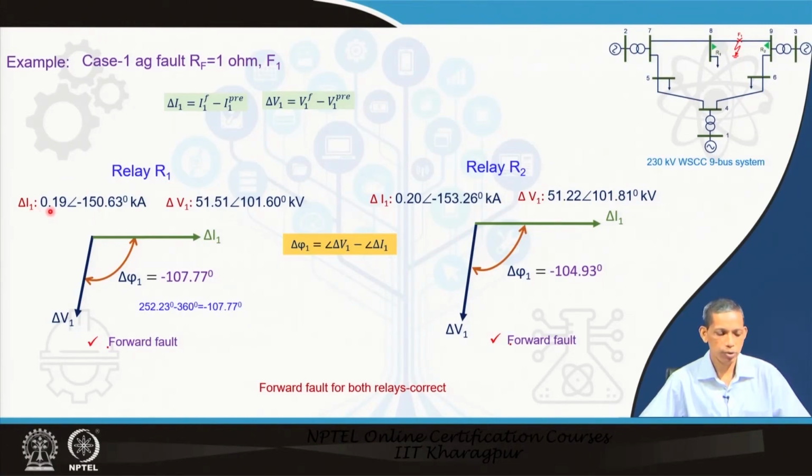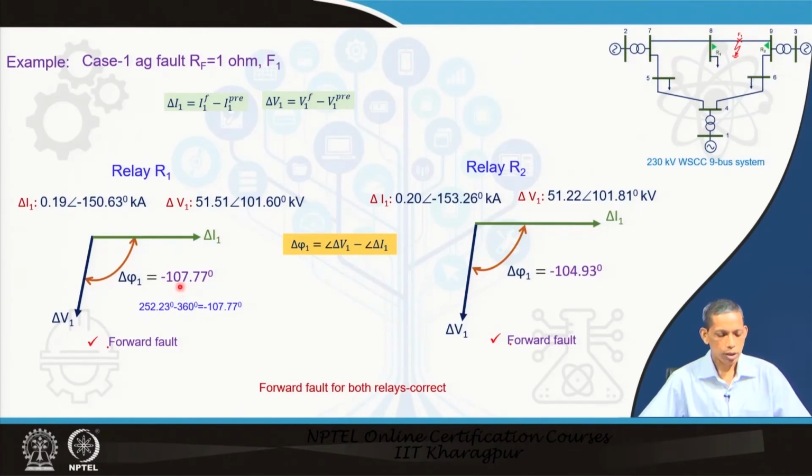Delta I1 is found to be 0.19 angle minus 150.63 degrees kiloampere, and delta V1 is 51.51 angle 101.60 degrees. Compute delta phi 1 using the relation delta V1 minus delta I1. Note the change, as I already mentioned: the angle of voltage first, then the angle of current. So, delta phi 1 for this case happens to be minus 107.77 degrees.